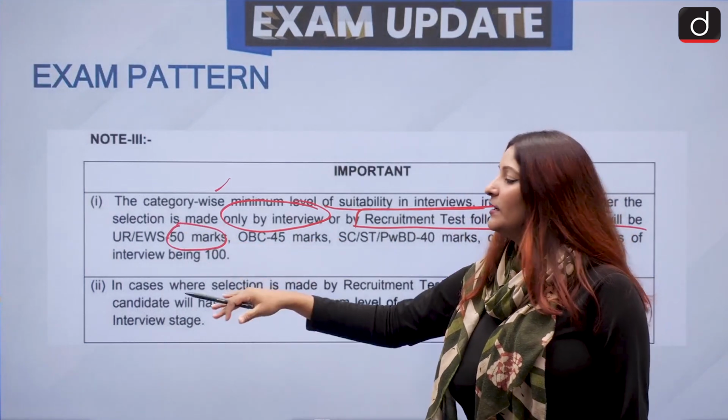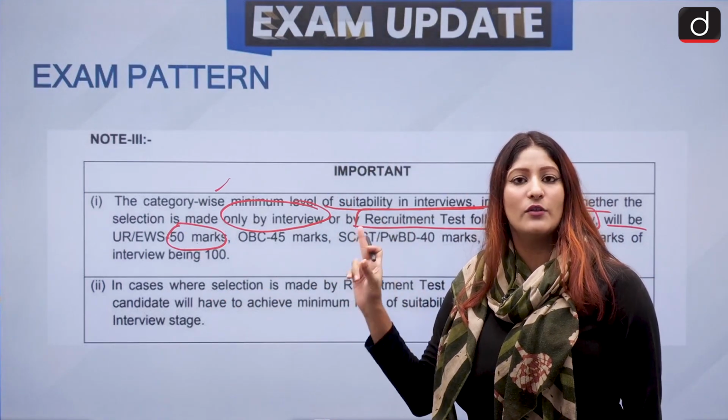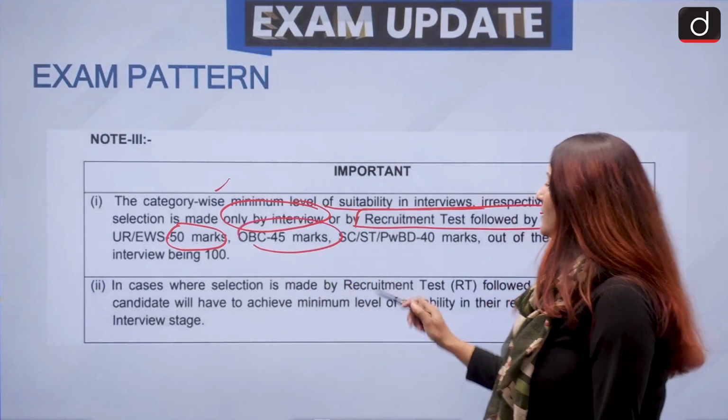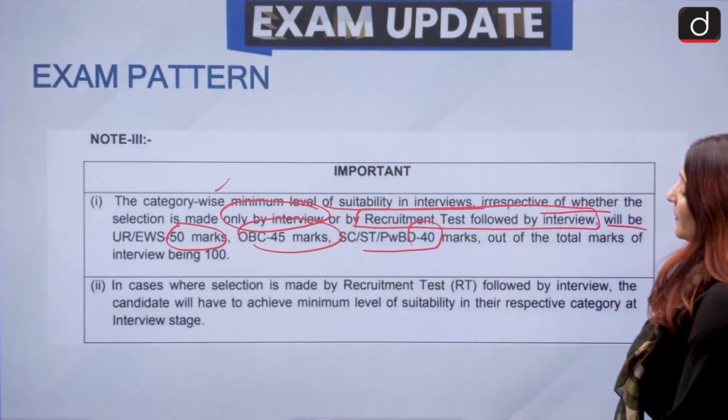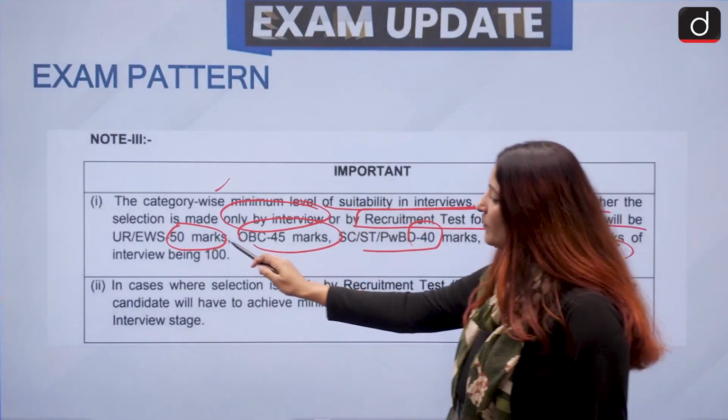Suitability of the candidates will depend on this. It won't matter if you have been shortlisted through interview or a recruitment test followed by interview. OBC, it is 45 marks. SC, ST, PWBD, 40 marks. That will be out of the total marks of the interview being 100.